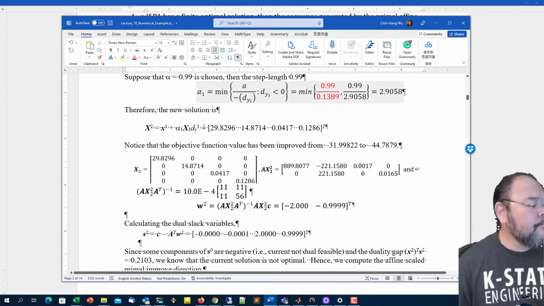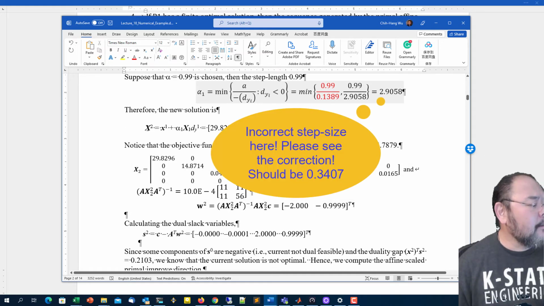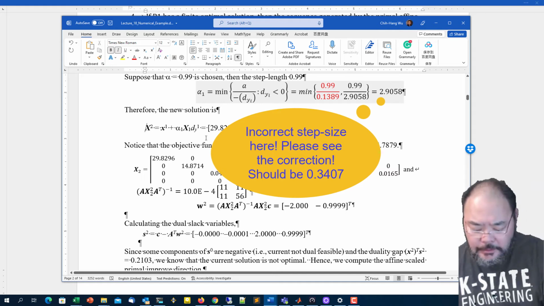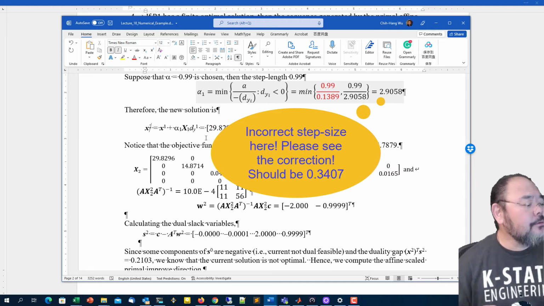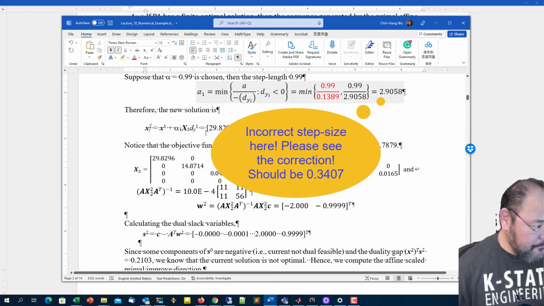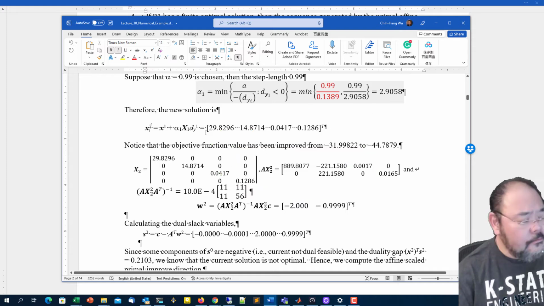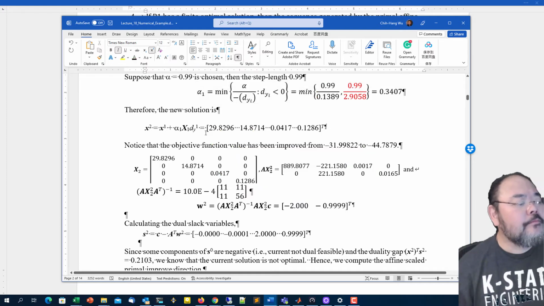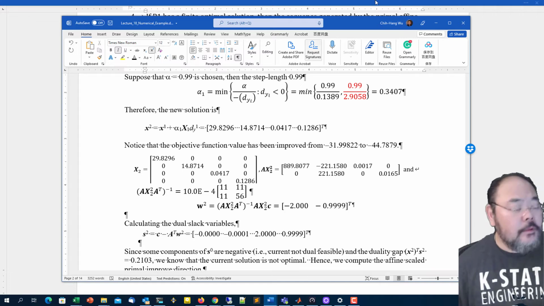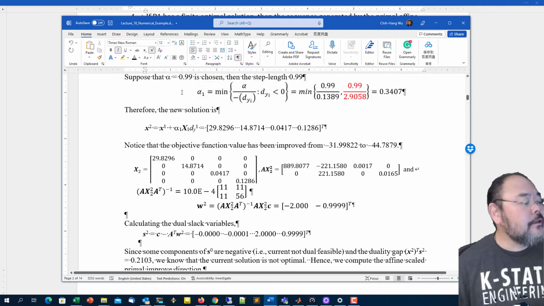So what I can do is calculate x2. I'm sorry, here is x2. I have some calculation mistakes on the alpha 1. Alpha 1 equals 0.3407. Then I can update my x value correspondingly.